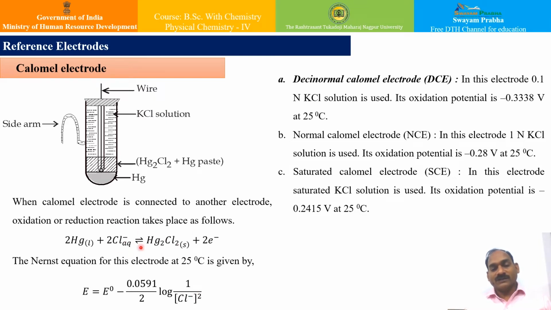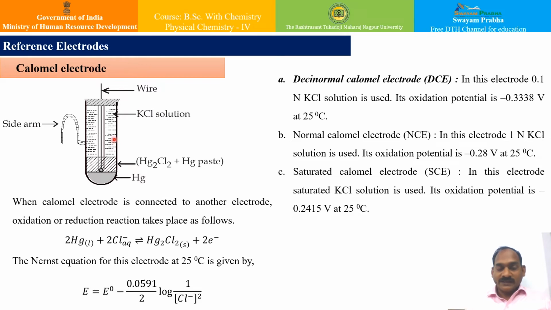If I follow this reaction, because my mercurous chloride is solid, the activity of the solid is 1, and therefore the Nernst equation is given by this. That means the potential actually depends on the chloride ions, that is, the concentration of the KCl solution. Now, depending on the concentration of KCl used, the calomel electrode can behave as of three types.